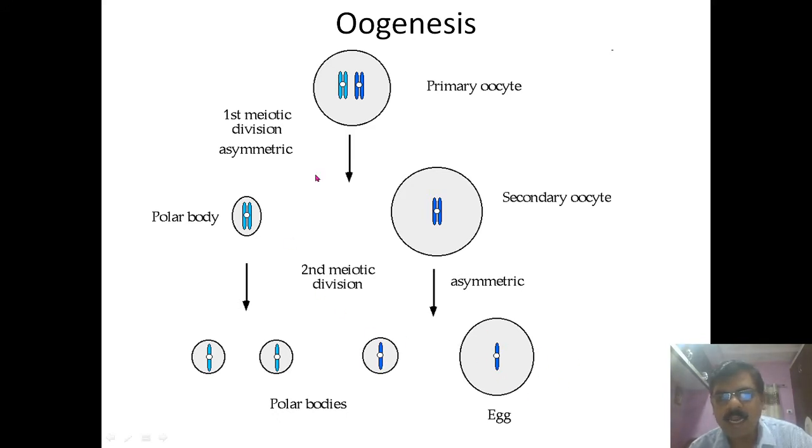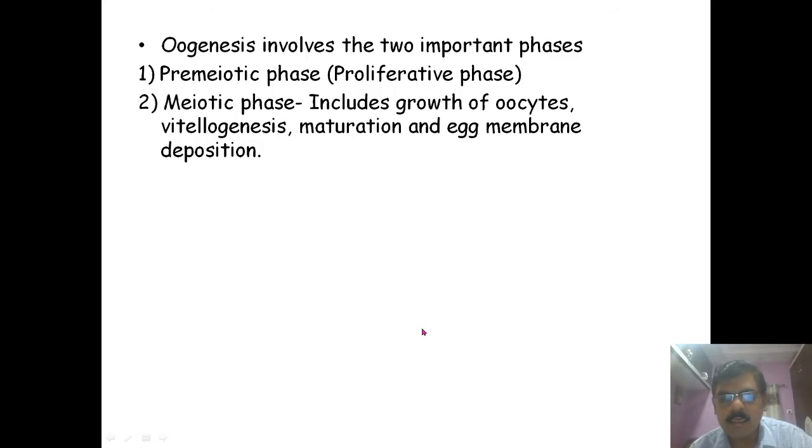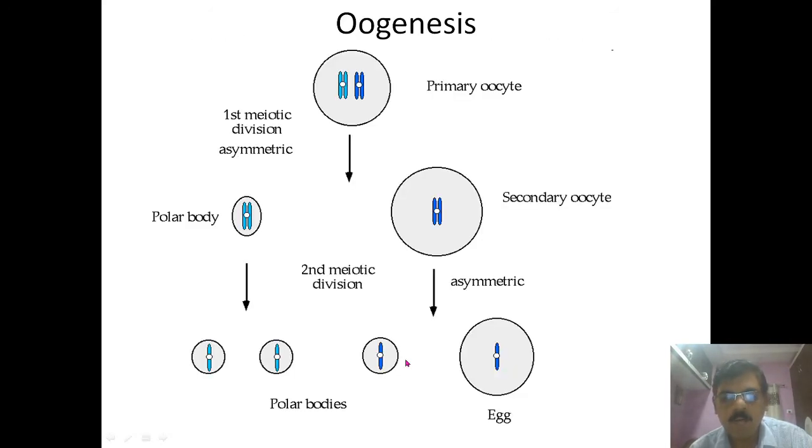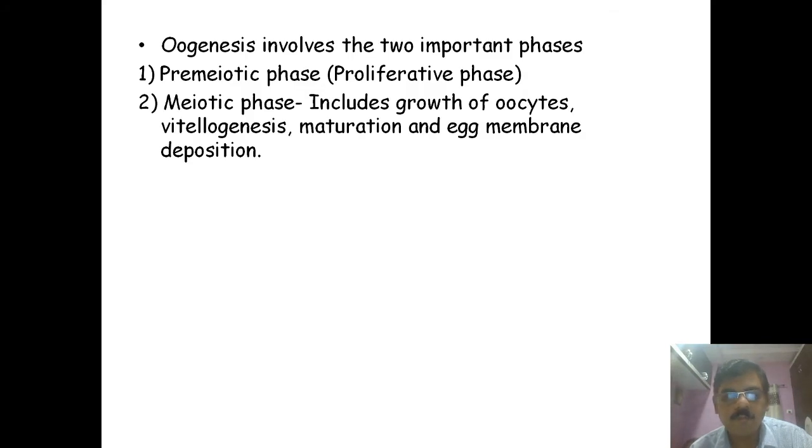That means at the end of oogenesis, there is a formation of three polar bodies and a single egg. In spermatogenesis, from the primary spermatocyte, there is a formation of four sperm. Instead, in oogenesis, there is a formation of three polar bodies and only a single egg during the maturation.